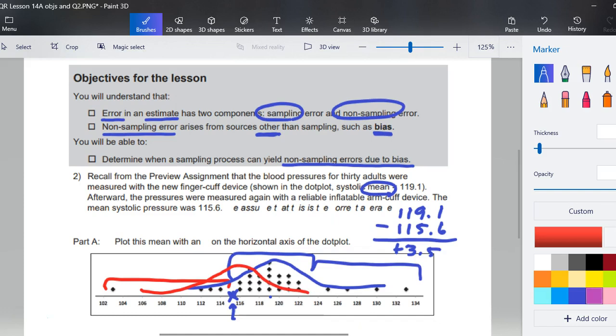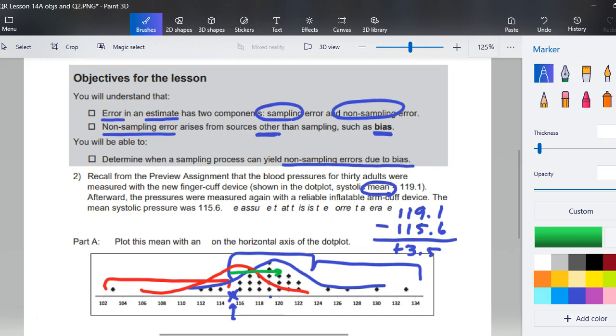So we think the red one is the right one, but the blue is shifted to the right. So some kind of explanation could be that some of the finger cuff values were below average. We do not have the arm cuff measurements for each individual to compare to the finger cuff measurements.